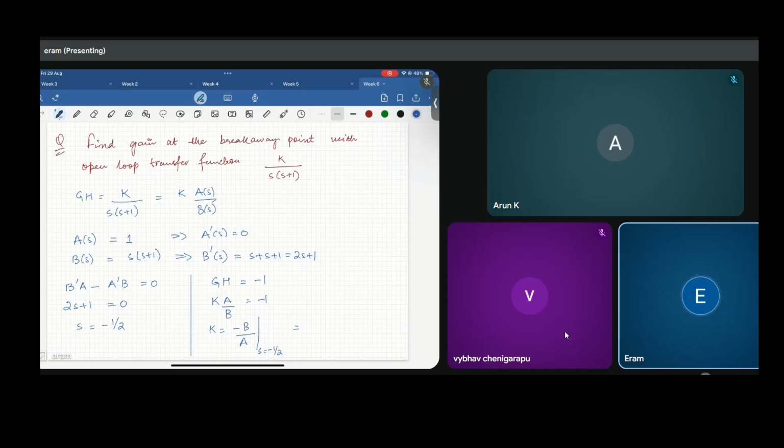So b was s into s plus 1 divided by 1, okay, and s is equals to minus 1 by 2. What value we will get? And this value should be positive also.